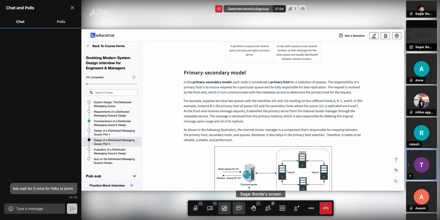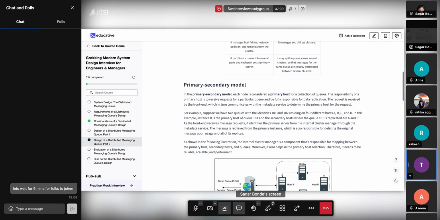I have one question. Where does it replicate the data? Whoever is handling that request, does it replicate data on that server only? Basically, a particular request goes to a particular primary host, so where does the data replication happen?